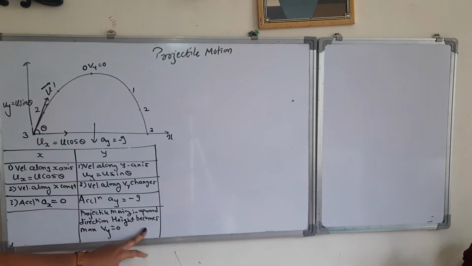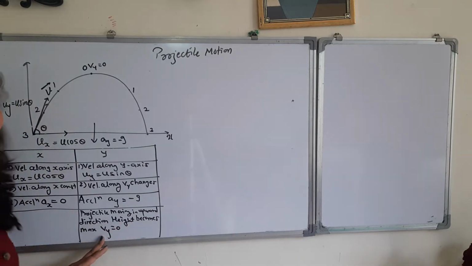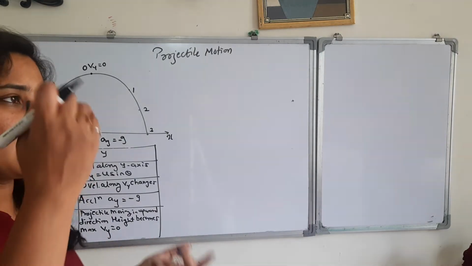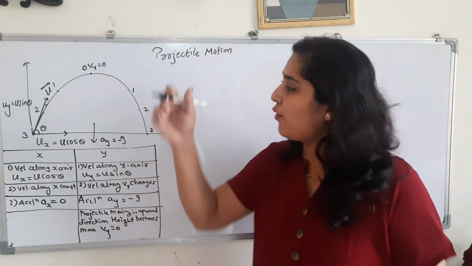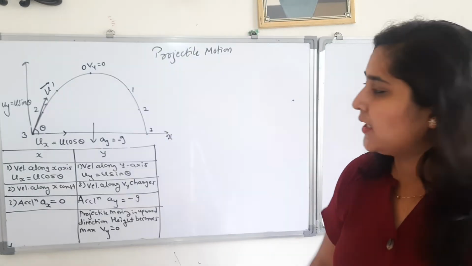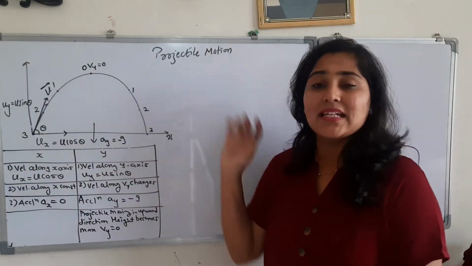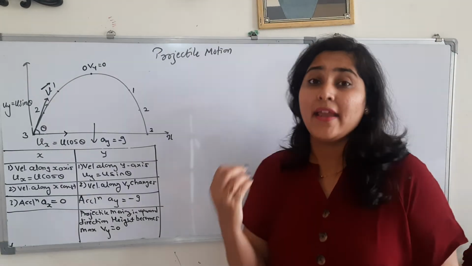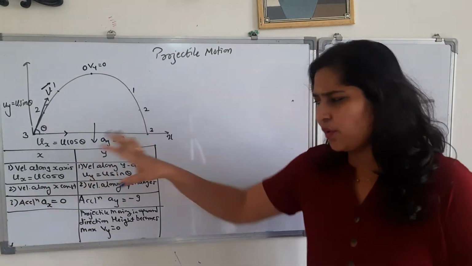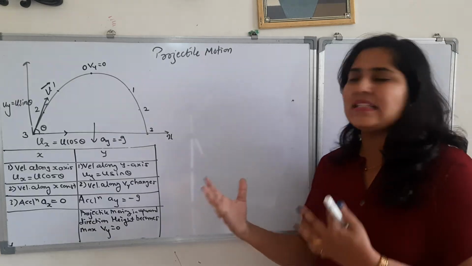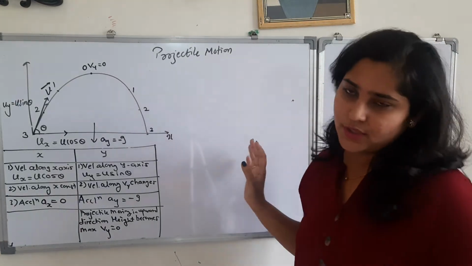Means whenever height h becomes maximum, the velocity component will be 0. If it had more velocity, it would rise higher, understood? So this must be the height. So this is the exact hint point for projectile motion. If you know this table, you can easily find any equation for projectile motion.